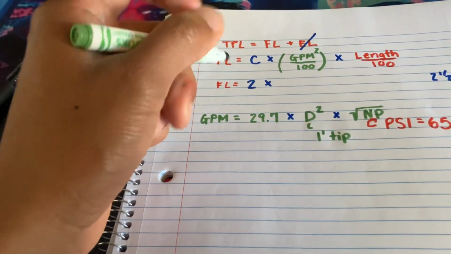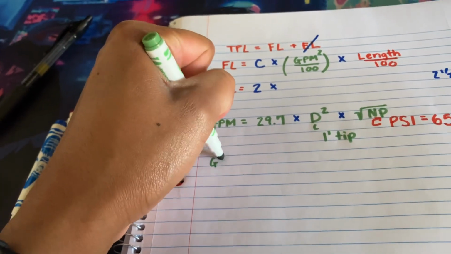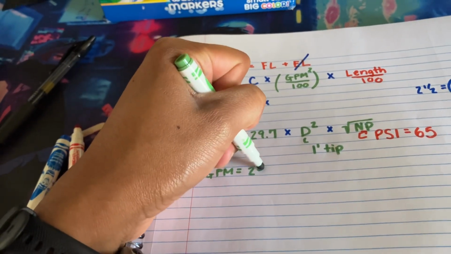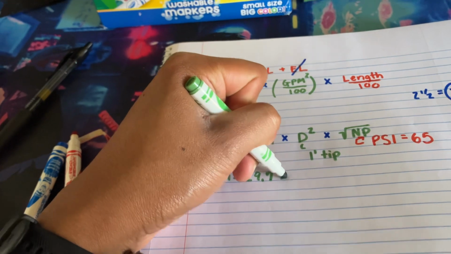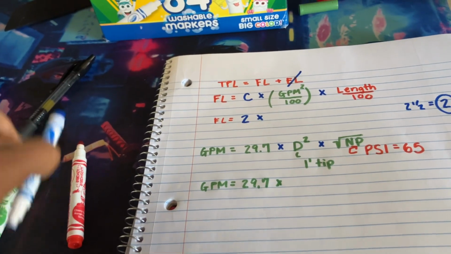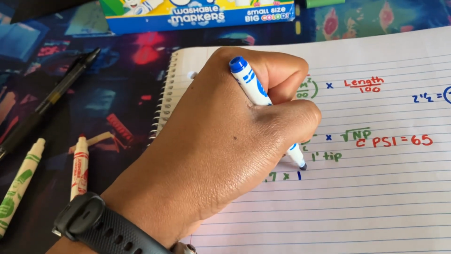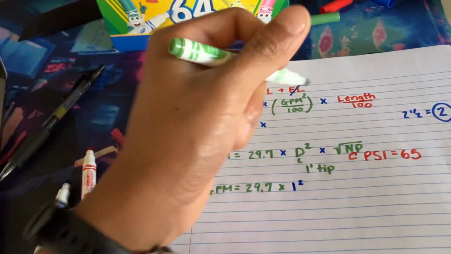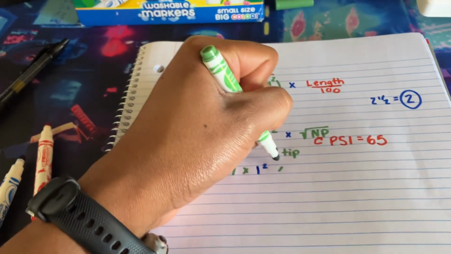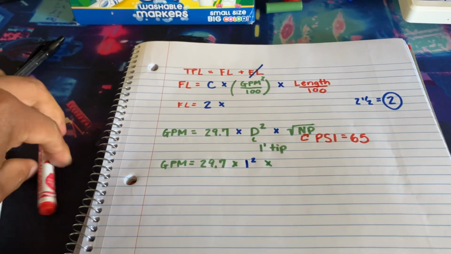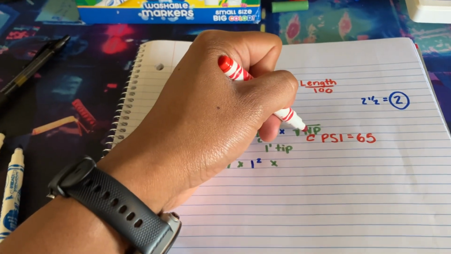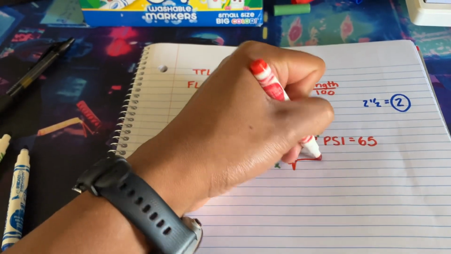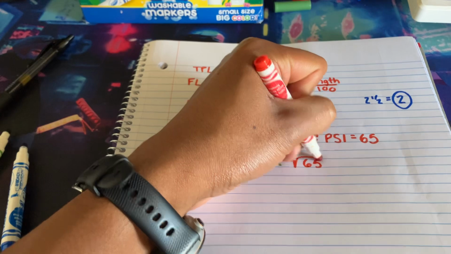And so in order to find GPMs, our gallons per minute, we need to do 29.7 times 1 squared times the square root of our nozzle pressure, which we found was 65.